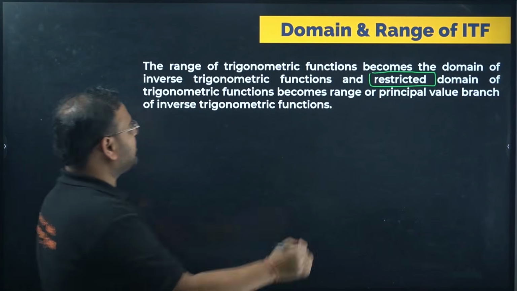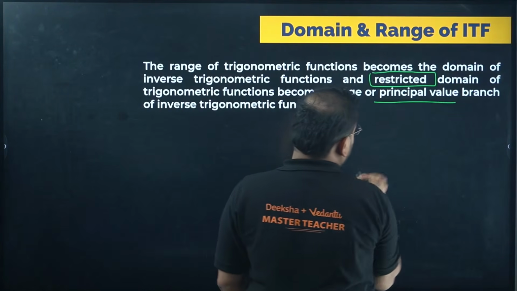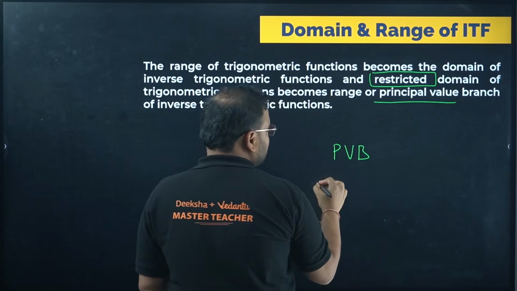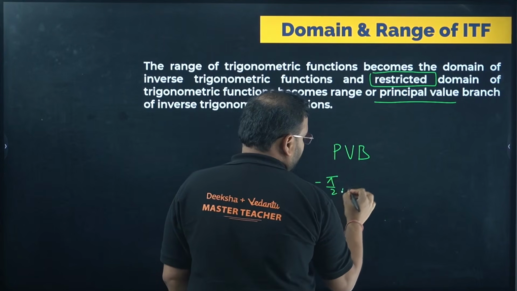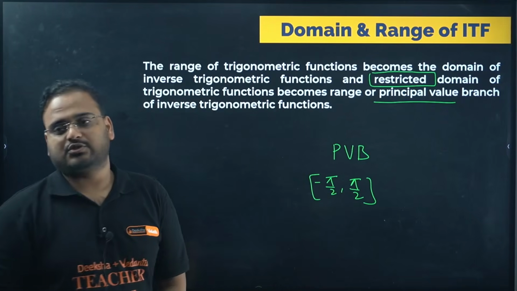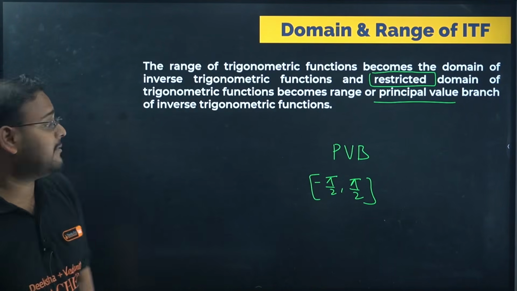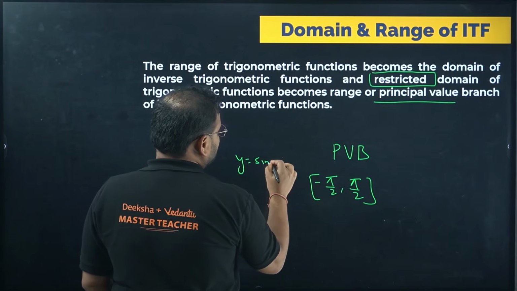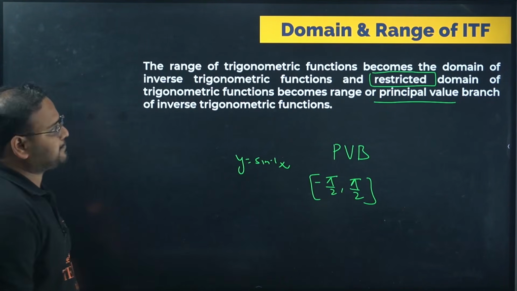Okay, and this is what it becomes, something called PVB, principal value branch. So what you see, this particular output, is called the principal value branch for the particular function y equal to sine inverse of x.